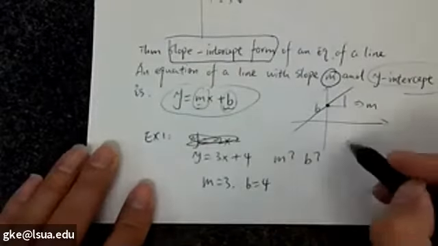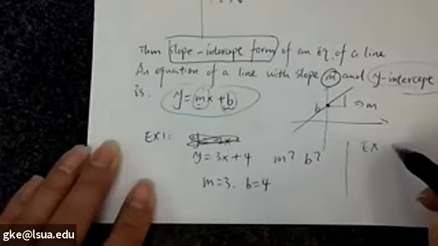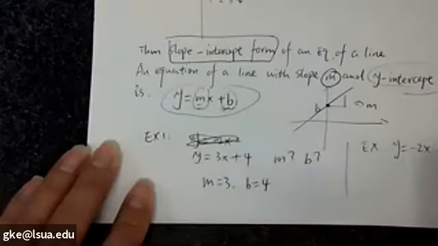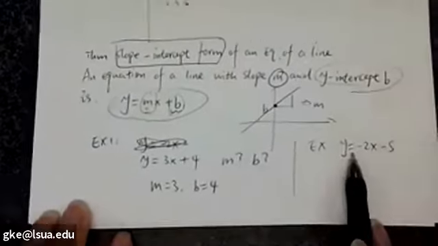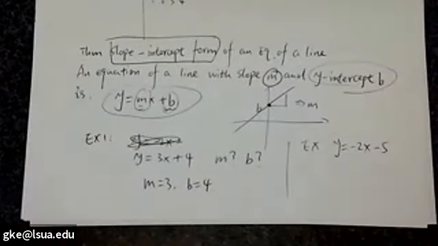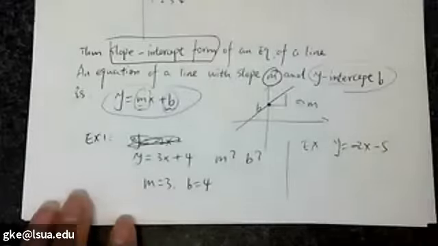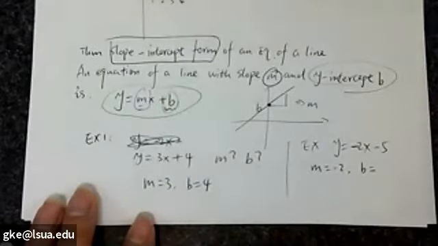Now, how about this one? What is m for this guy? 2. Are you sure? It's 2? -2. Sorry, I couldn't see it. Okay, m equals -2. How about the b? -5.